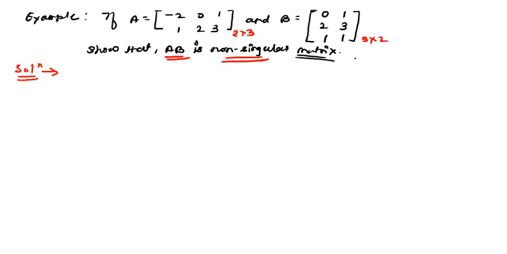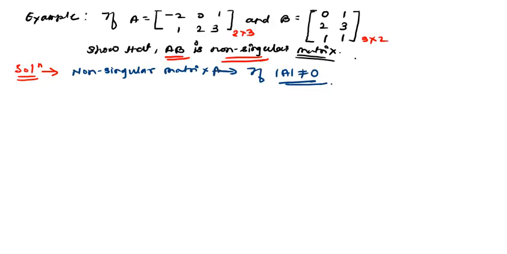So for solving this you must know what a non-singular matrix means. That I have explained in the first lecture. A matrix is said to be non-singular if the determinant of the matrix is not equal to 0.